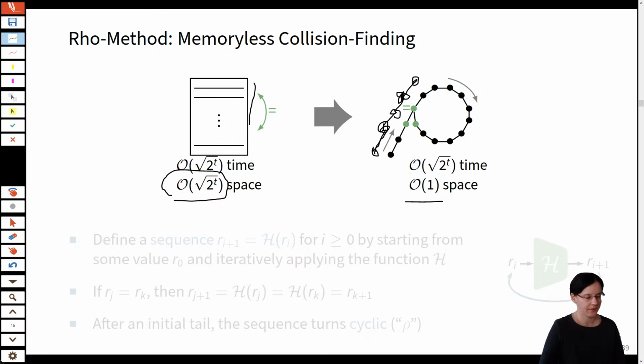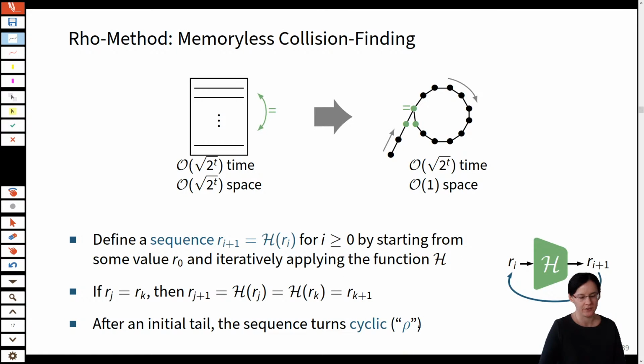And the interesting thing when I do this is that since there is only a limited number of possible outputs of my function, I know that when I continue long enough, my circle will eventually close. So I will at some point run into a value that I've already seen at a previous time.